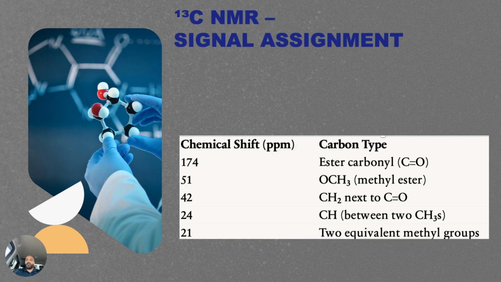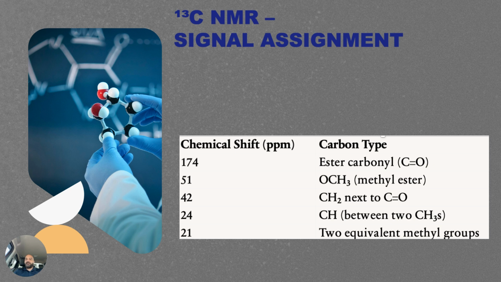Here's the signal assignment breakdown. 174 ppm, classic ester carbonyl carbon. 51 ppm, an OCH3 methyl group, common in methyl esters. 42 ppm, CH2 next to a carbonyl. 24 ppm, a CH group between 2 methyls. 21 ppm, 2 CH3s in an identical environment.